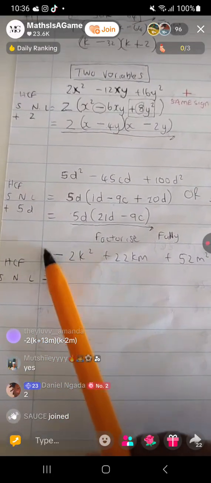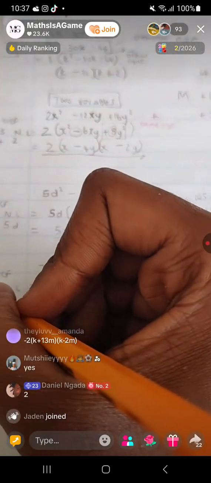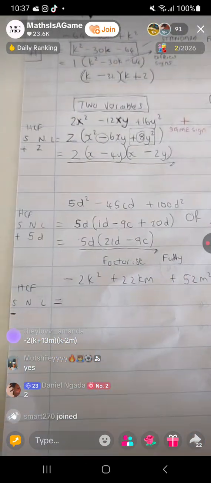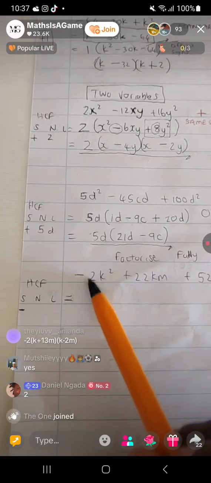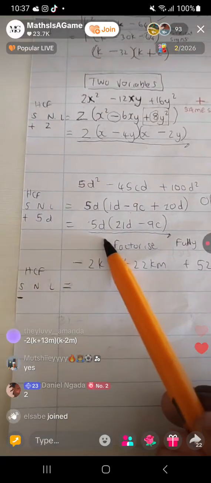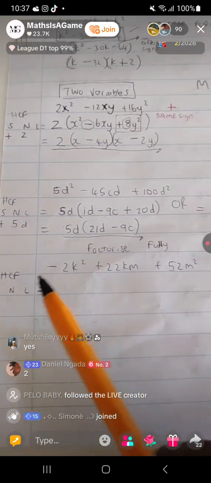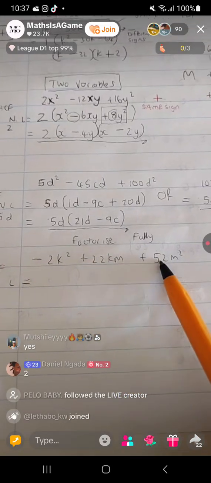Remember, if the first term is negative, it means our highest common factor sign is always the sign of the first term, the sign of the leading term, negative. Highest common factor number. Now we are going to look at 2, 22, and 52.